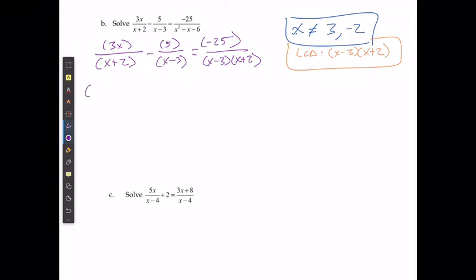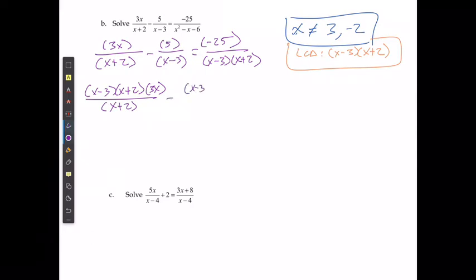So I have x minus 3, x plus 2 times 3x over x plus 2 minus x minus 3, x plus 2 times 5 over x minus 3 is equal to x minus 3, x plus 2 times negative 25 over x minus 3, x plus 2.